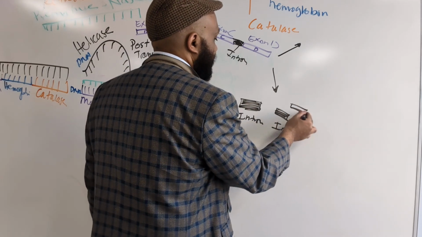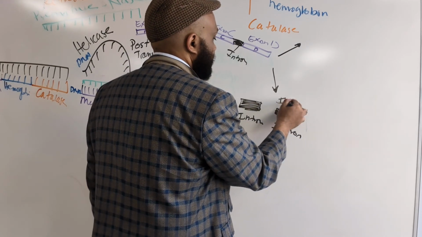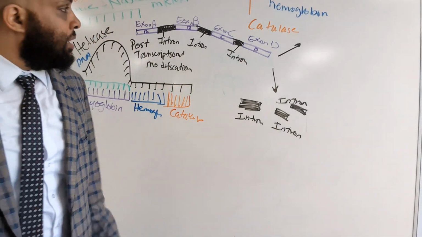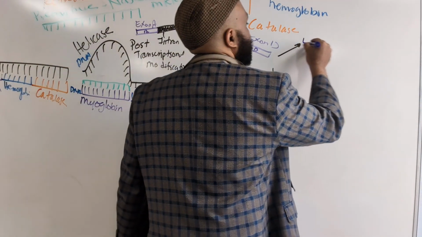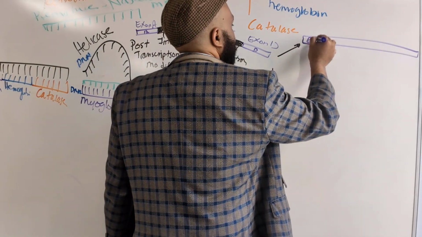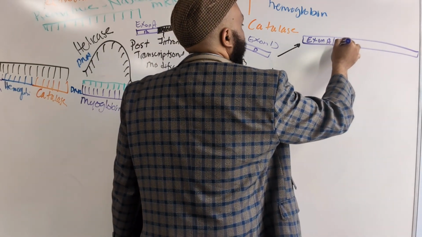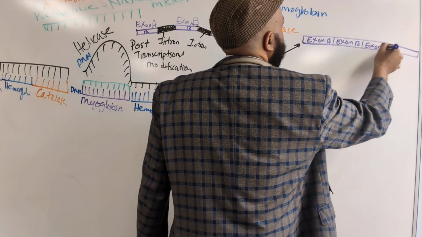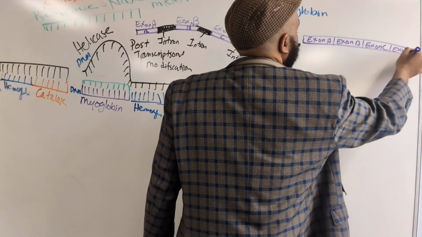That's the third intron. And I'm going to have all my exons together: exon A, exon B, exon C, and exon D.